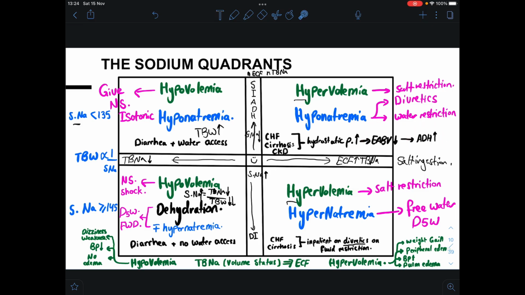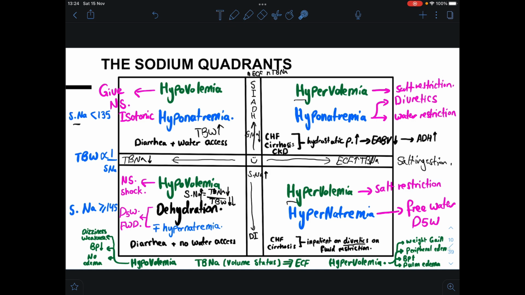That will actually cause ADH release. Because there's also decreased blood pressure and decreased effective blood volume flow through the arteries, that also causes an increase in the renin-angiotensin-aldosterone system, causing sodium and water retention.